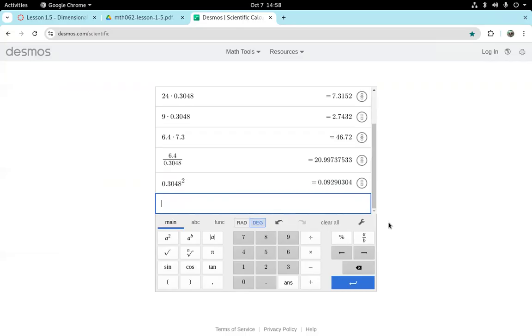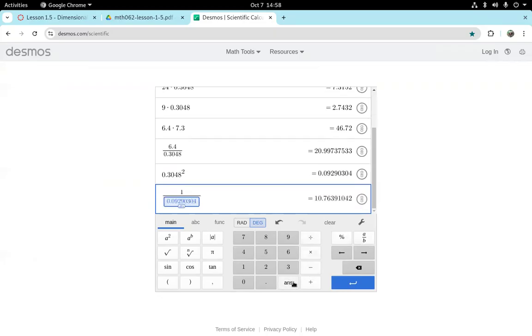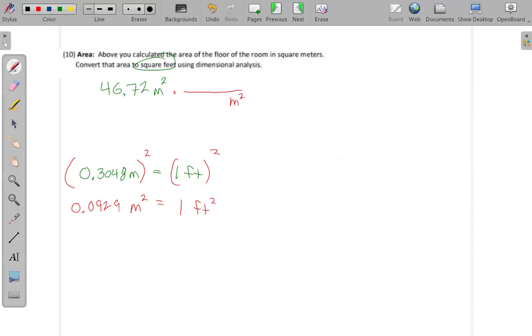I think I just want to do 1 divided by that answer. And that tells me there are about 10.8-ish or 10.76 square feet in a square meter. Let's just go 2 decimal places. Then we have 4 digits, 10.76.